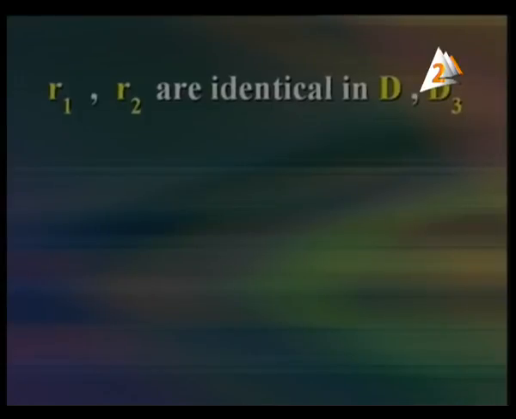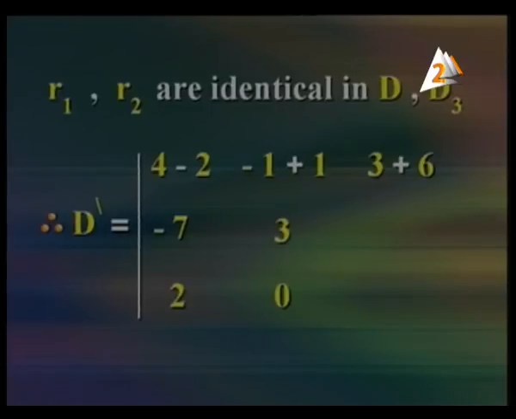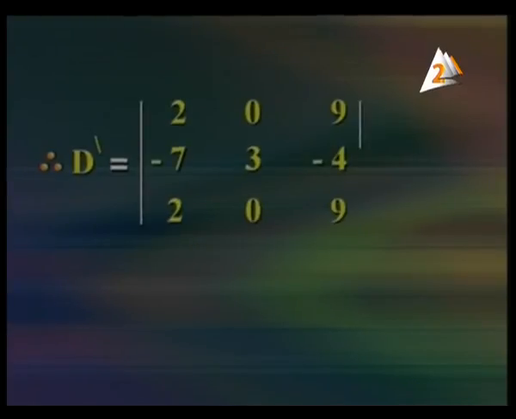After that, we add. Look at R1, R2 are identical in D and D3. Look at D, we add 4 minus 2, negative 1 plus 1, 3 plus 6; negative 7, 3, negative 4; 2, 0, 9. Therefore, the answer is the determinant of the third degree 2, 0, 9; negative 7, 3, negative 4; 2, 0, 9.